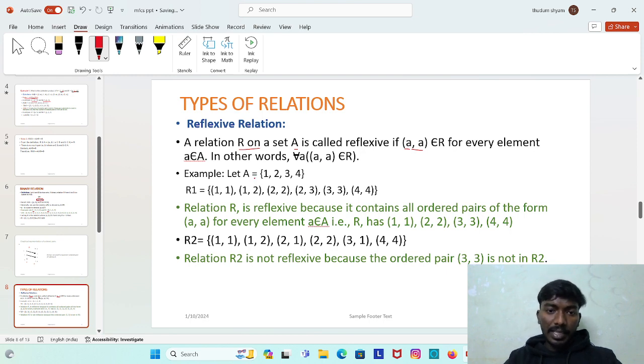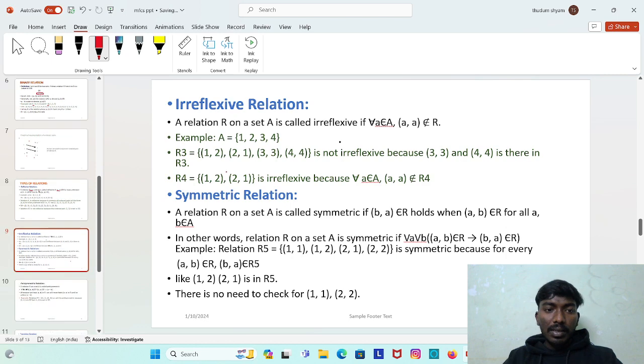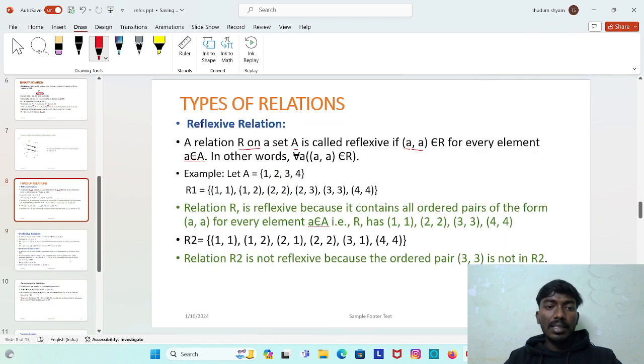Let's take an example. For a set A containing 1, 2, 3, 4, the first relation contains (1, 1), (1, 2), (2, 2), (2, 3), (3, 3), (4, 4).